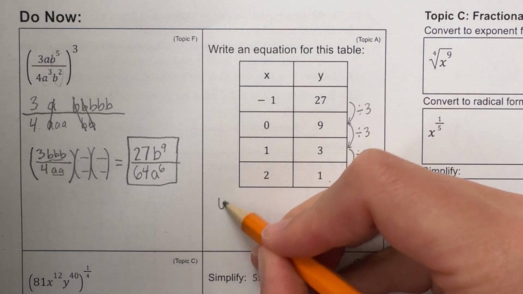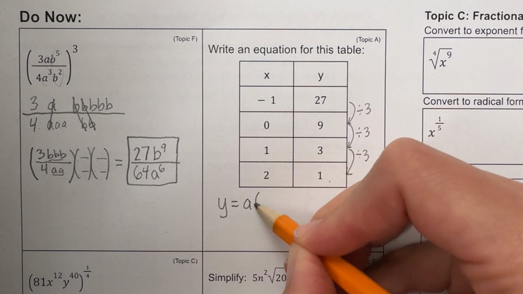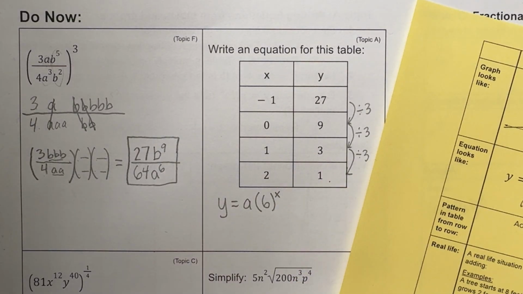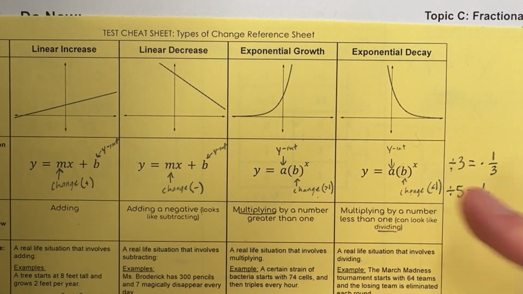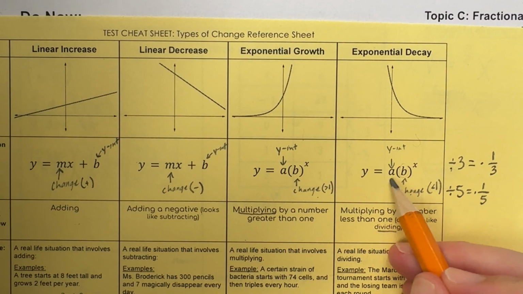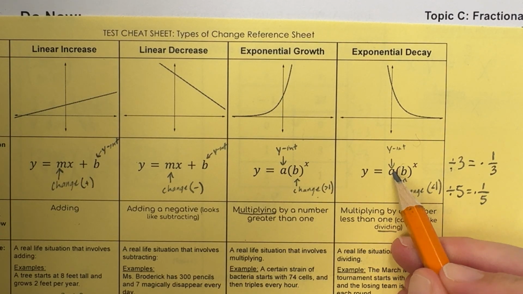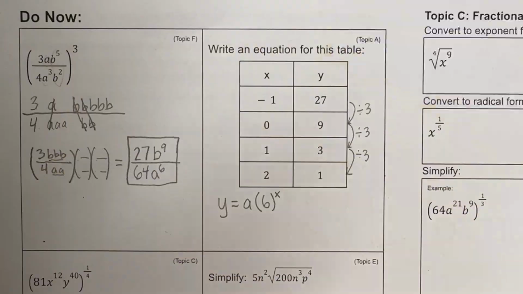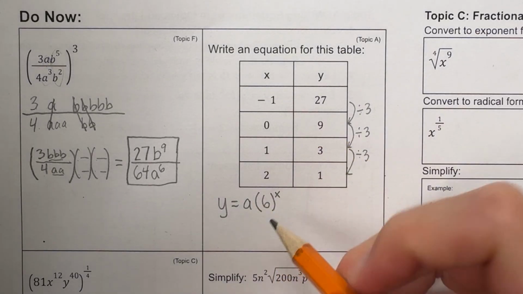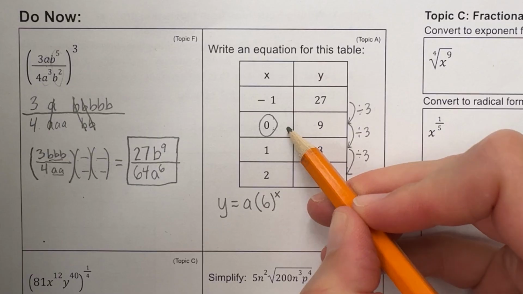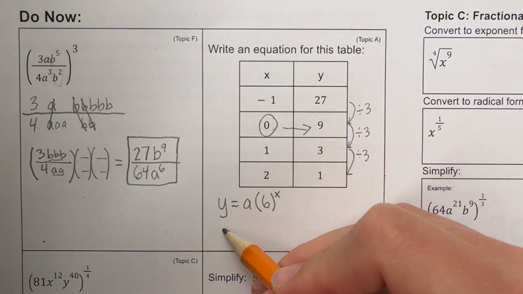So right away that tells me my equation is going to be exponential, because I'm multiplying or dividing. I can see that my number is getting smaller. My y-intercept is going to go here in this position. And if I'm dividing by 3, that's the same as multiplying by 1/3. I'm using my cheat sheet here. This is my x value of 0, so my y-intercept is 9.